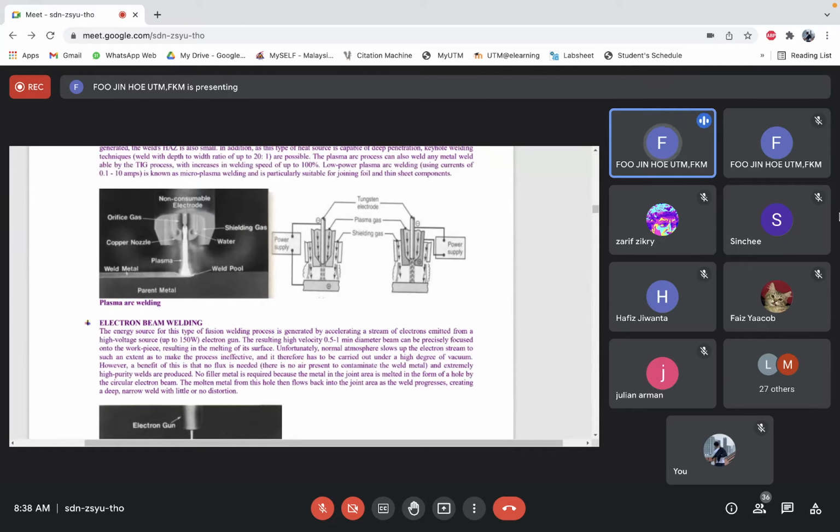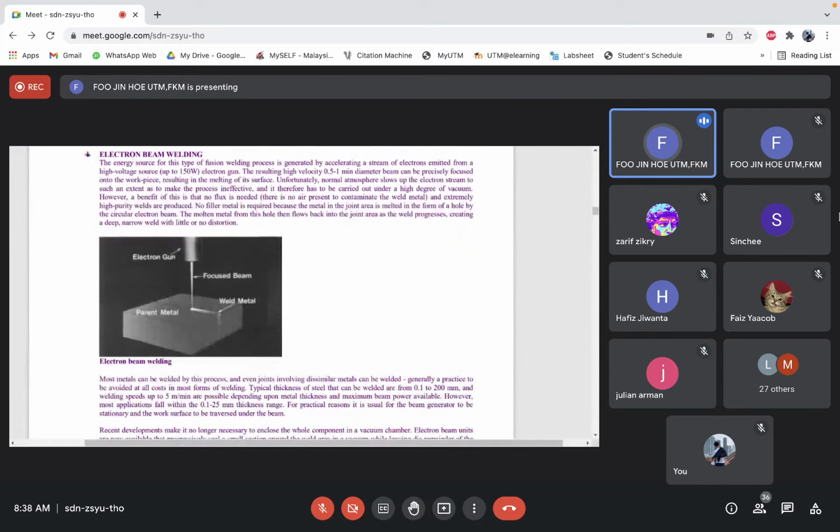The electron beam has a more focused beam, so maybe it will produce a cleaner weld, and you can also perform the welding in a more confined space. Because only a very small area will be welded, which makes the welding possible.